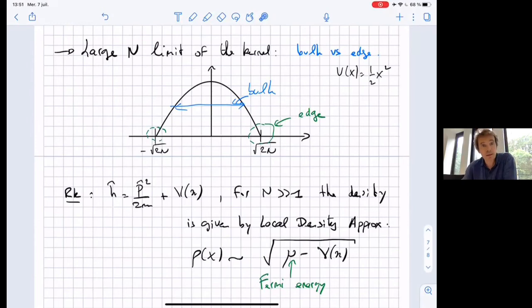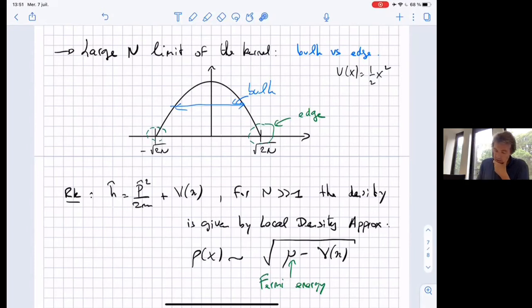So this says that this regime is really when you are considering two points which are very small compared to the scale of variation of the potential. But on that scale, and this is not a big surprise, these correlations are universal and they are described by the famous sine kernel.